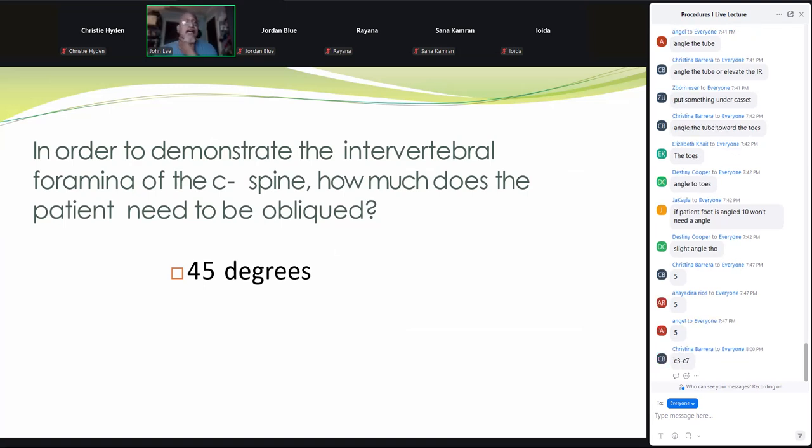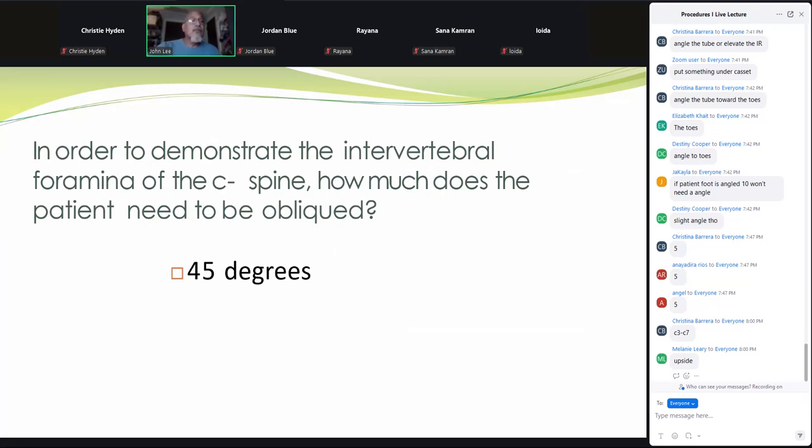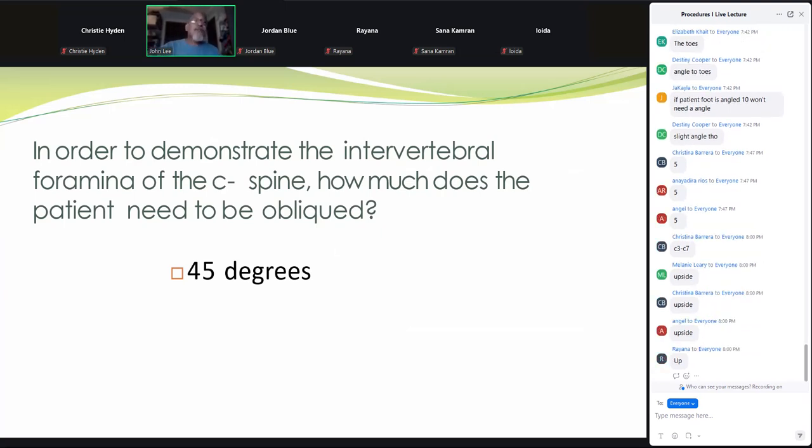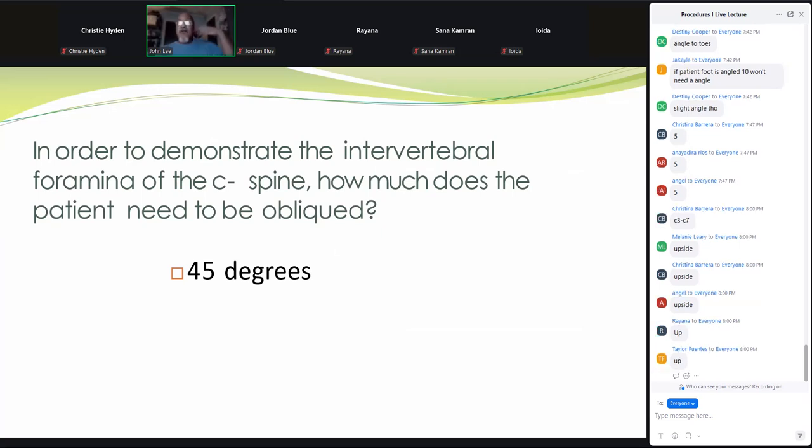Upside or downside? Upside, yes. C-spine is the upper spine. We're going to look at the side up on our obliques, posterior obliques, side up.